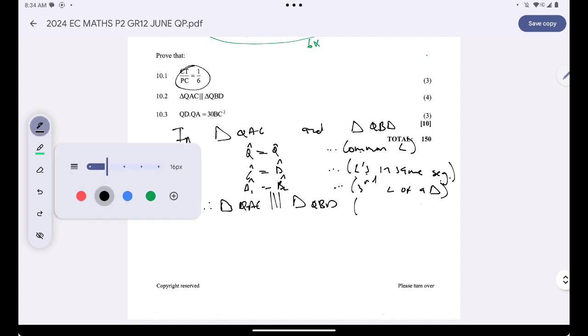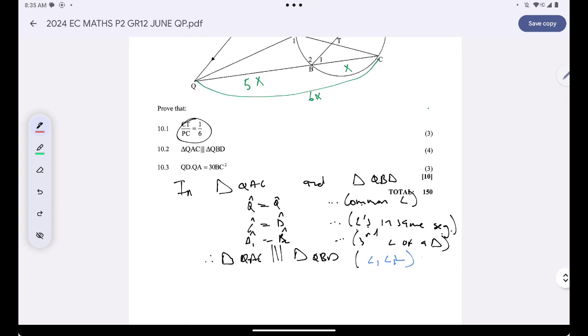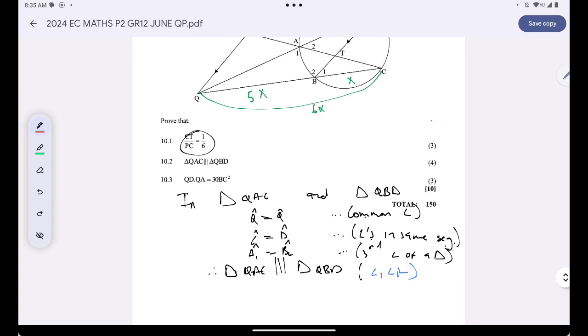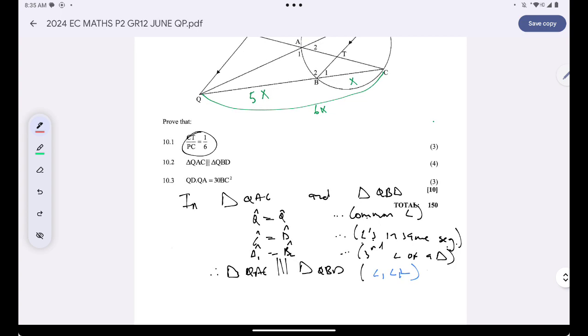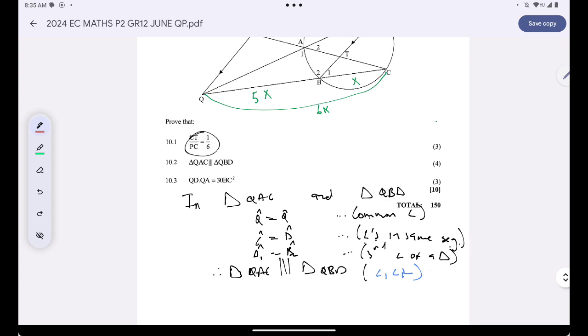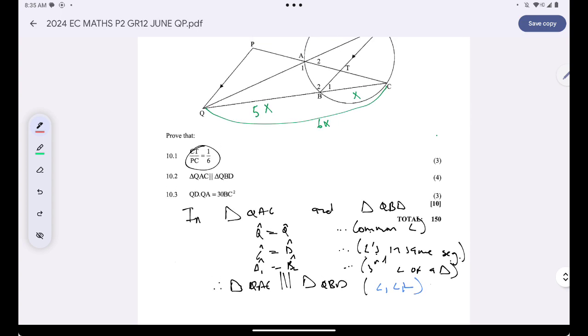Why? Because these two triangles are equiangular. Are you together? If two triangles are equiangular, it simply means that those triangles are in the same proportion. Okay, now I'm supposed to show that QD times QA is equal to 30 times BC squared. How can I do that?